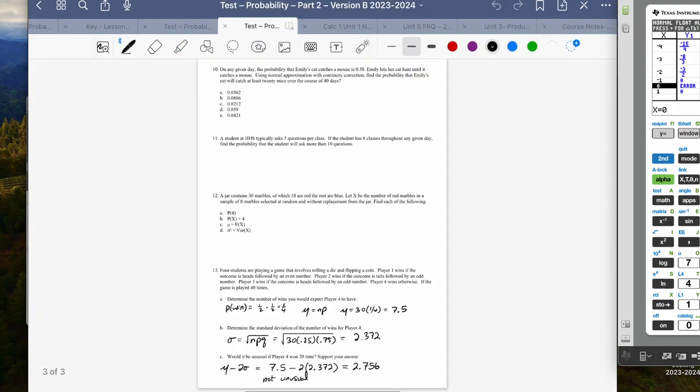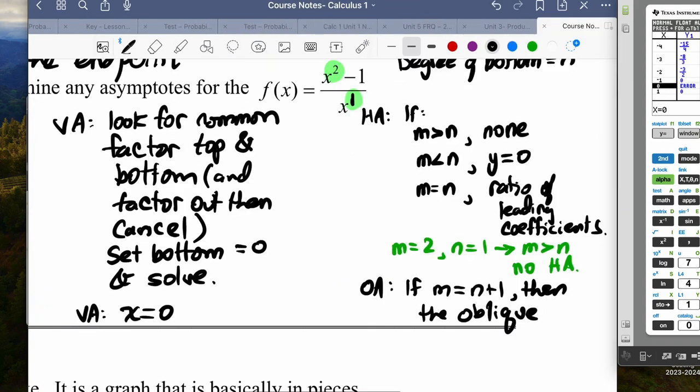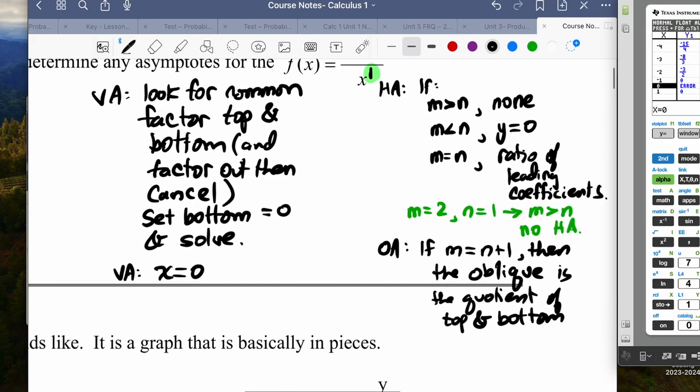Where am I? There we are. All right. Then the oblique is the quotient of the top and bottom, excluding any remainder.